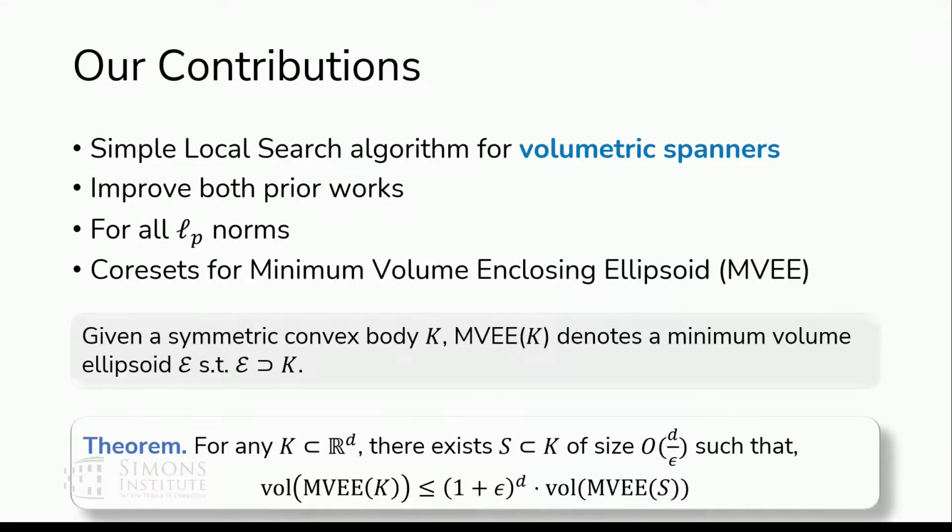We can pick a set S of points of size order d over epsilon, such that the volume of the input is less than (1 plus epsilon) raised to the power d times the volume of the MVEE of S.